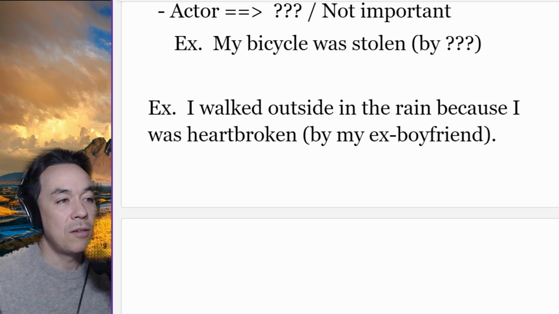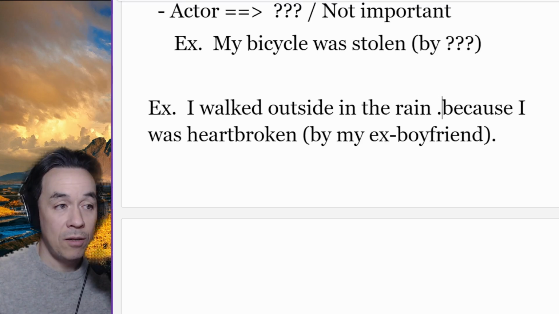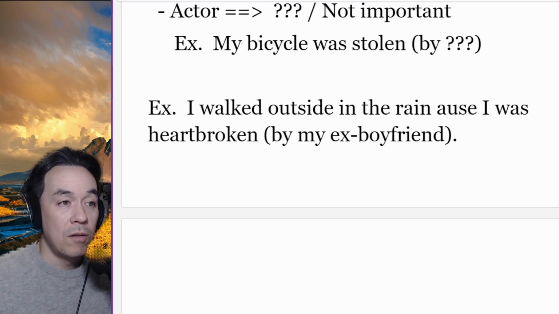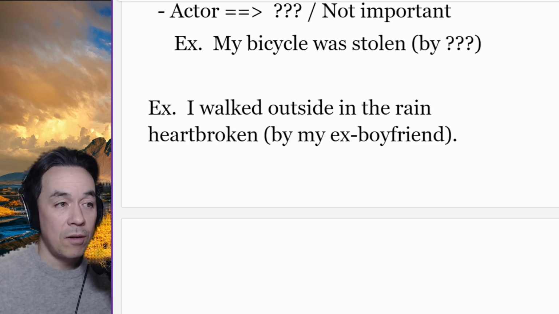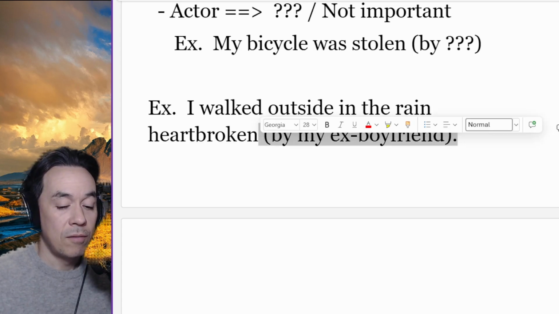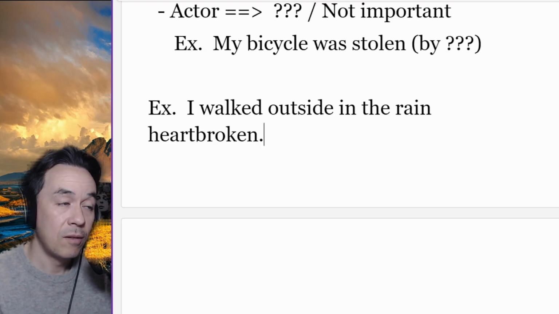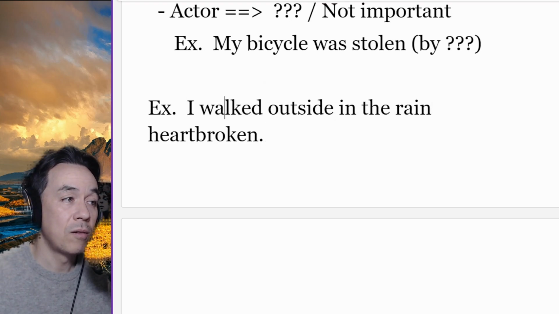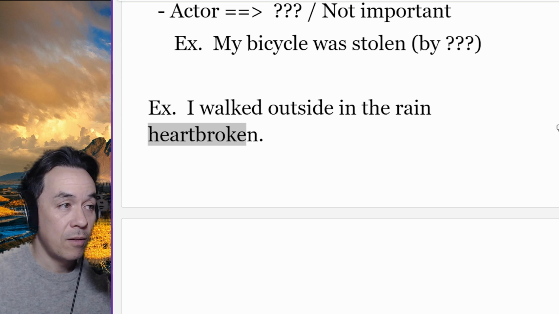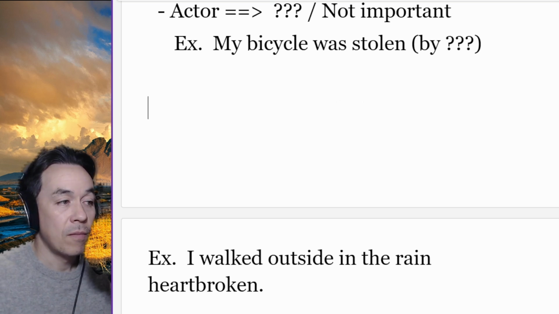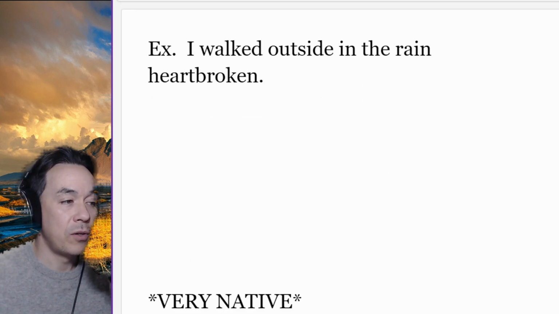And same thing, you can say, I walked outside in the rain, heartbroken. Heartbroken, this we can take out. Walked outside in the rain, heartbroken, right? So I walked, I was heartbroken. Okay, yeah, very native. There it is.